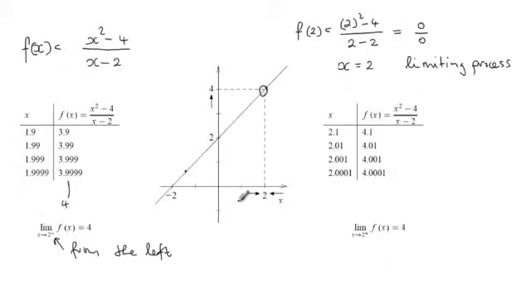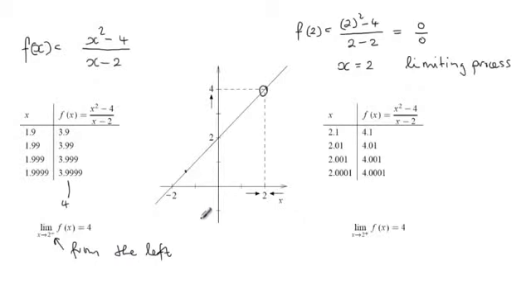In other words, we are moving towards 2 in this direction. Then, since we observe that these values approach 4, we say the limit of f as we approach 2 from the left is equal to 4. And this is what we're going to call a left hand side limit.